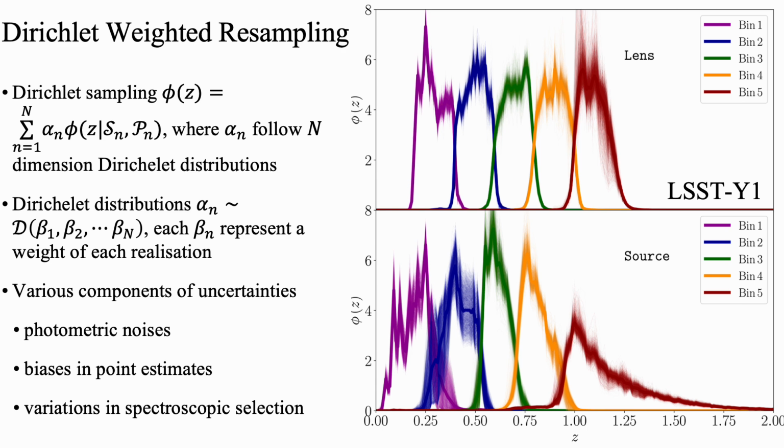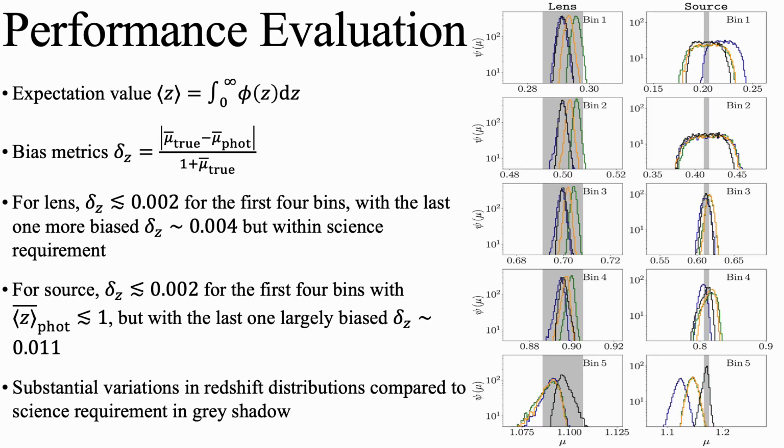This framework propagates both the statistical uncertainty of each conditional distribution and the systematic uncertainty introduced by the spectroscopic selection function into the resulting marginal redshift distribution, as illustrated in the figure for LSST Year 1 lens and source samples. Here we show the expectation values of the marginal redshift distributions exhibit minimal biases for the lens sample, thereby satisfying LSST science requirements.